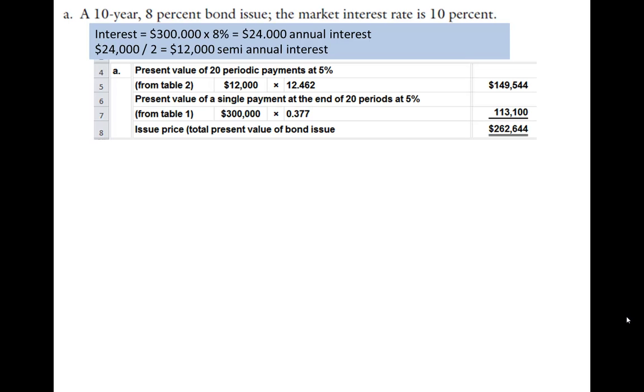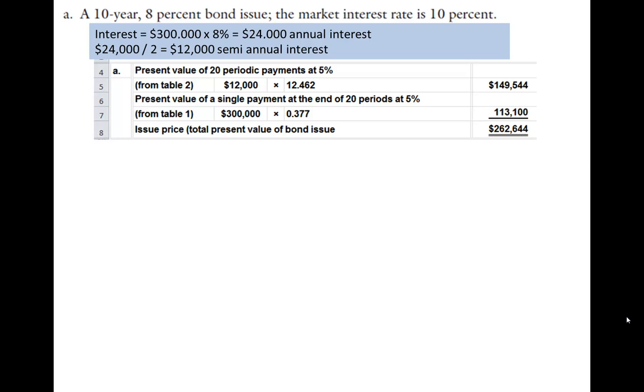So from the present value table, using 20 periods, because it's 10 years, twice a year, and payments of 5% because the 10% market rate is for the whole year. So 5% will be for the first payment, and then the other 5% will be for the second payment. So we take our $12,000 interest times the factor we get from Table 2, 12.462, and then we use the present value of a single payment of the lump sum.